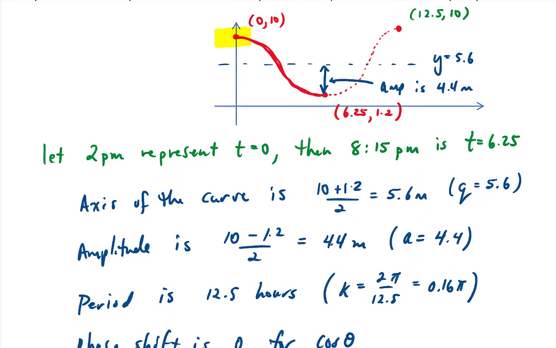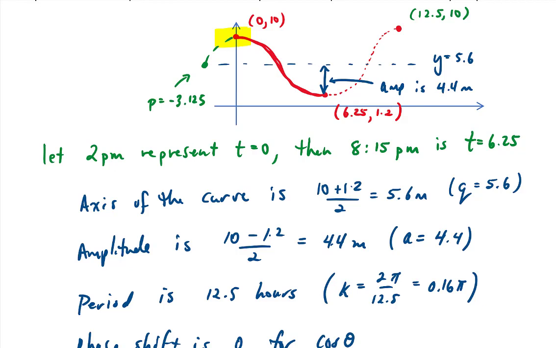So let's say we go back to here. That's 1/4 of the period. If our period is 12.5, 1/4 of 12.5 is 3.125. So our phase shift, if we start here for sine, would give us a p-value of 3.125. That's 1/4 of the period.